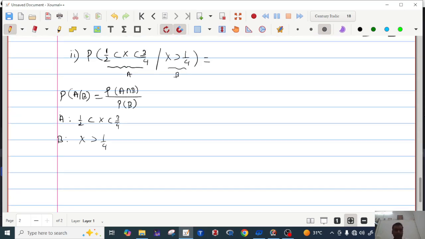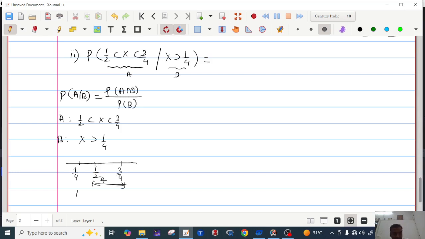Just take the intersection part. Draw this real line, with points 1 by 4, 1 by 2, 3 by 4. This is A.